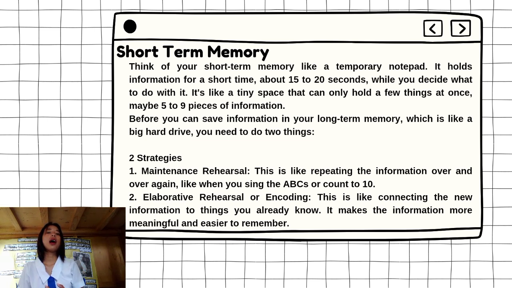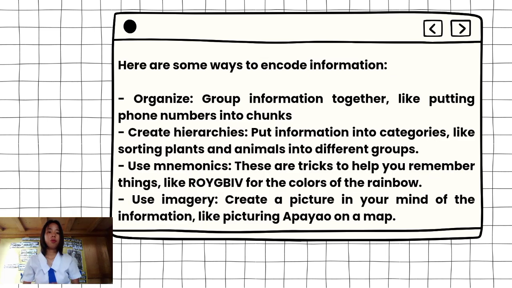This is like connecting the new information to the things you already know, which makes the information more meaningful and easier to remember. So here are some ways to encode information. First is organize. So group information together, like putting numbers into chunks.